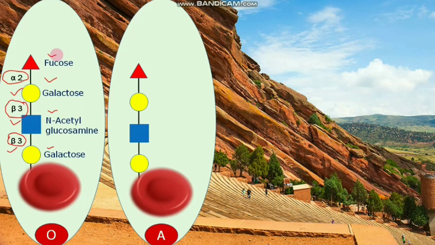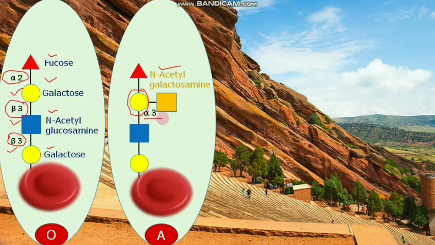And the difference is in the addition of one more monosaccharide to this monosaccharide chain. There is a branch present in the A antigen, which is nothing but N-Acetylgalactosamine, attached to the penultimate galactose through an alpha 1,3 glycosidic linkage.